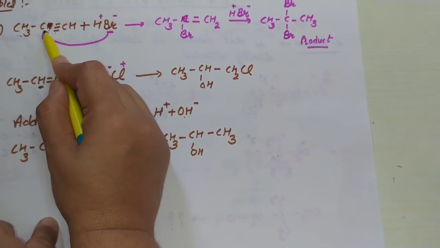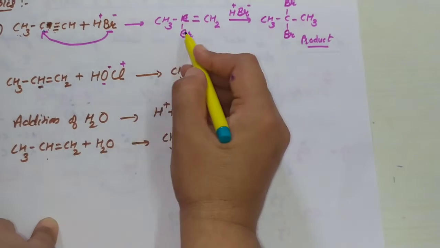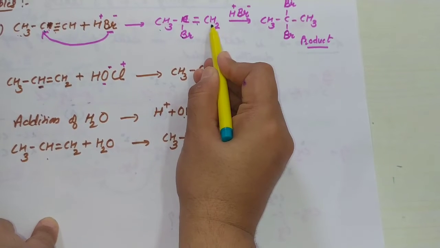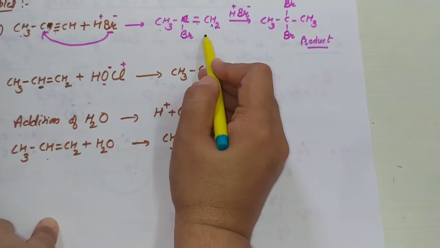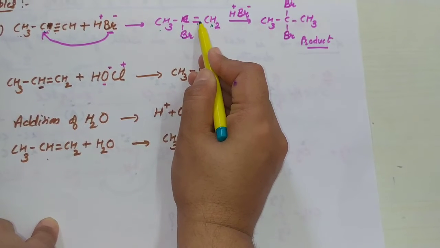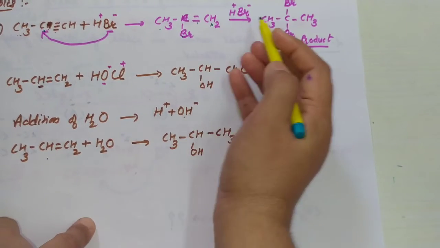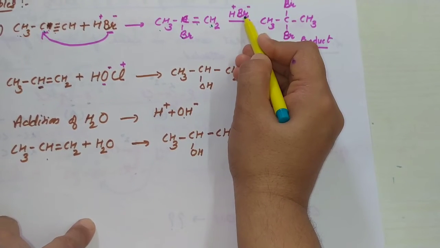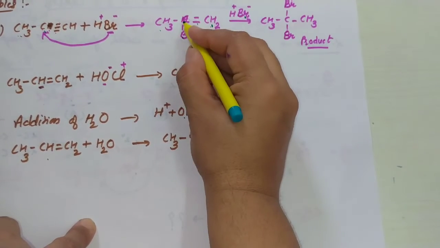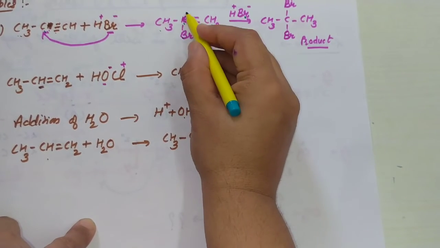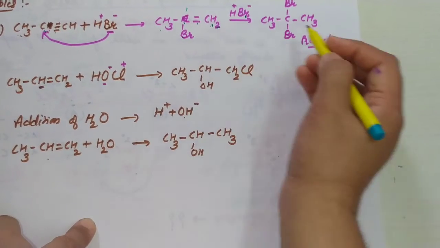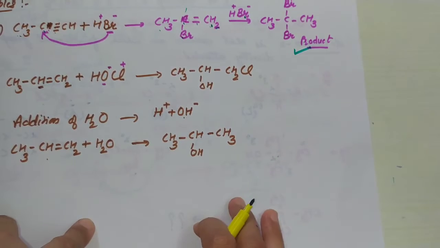So the negative ion goes to that carbon which has no hydrogen. So CH3CBr double bond CH2. But the reaction does not stop there because in this case there is further addition of HBr. And similarly, negative part goes to that carbon which bears a lesser number of hydrogens. There are 2 hydrogens and there is 1 hydrogen. So bromine will go over there and hydrogen goes there at the terminal carbon. So this is the final product formation.